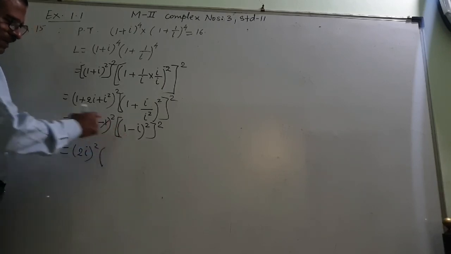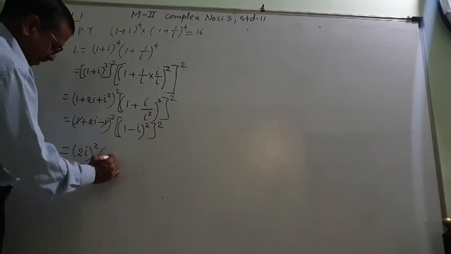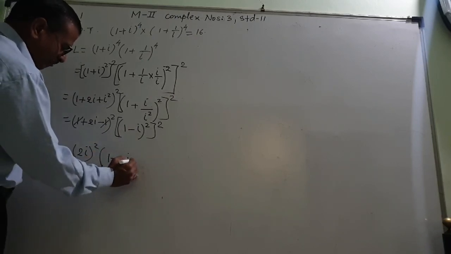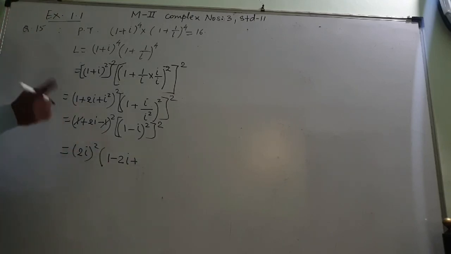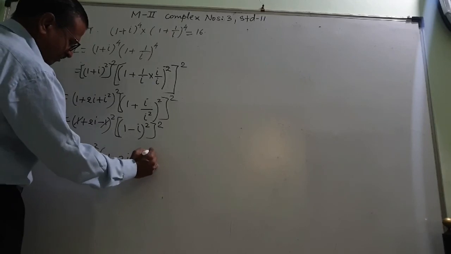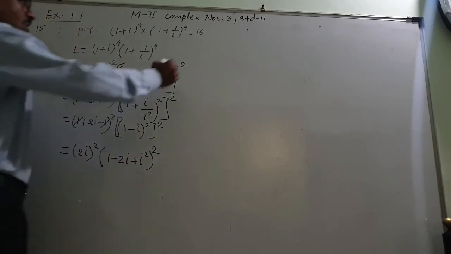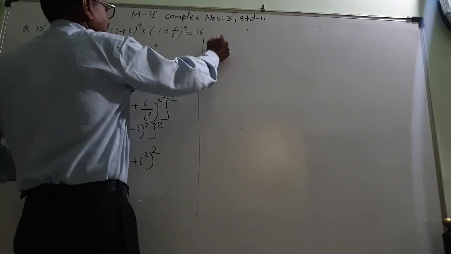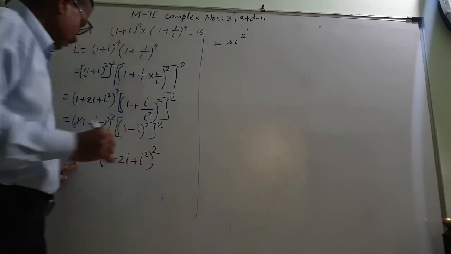Now I will open this square, (a minus b) bracket square, a square minus 2ab means 2i, and minus plus (a minus b) bracket square, a square minus 2ab plus b square means plus i square. This much, and is bracket square. So that is equal to, now this will become 4i square. Both the ways I am going to tell you.